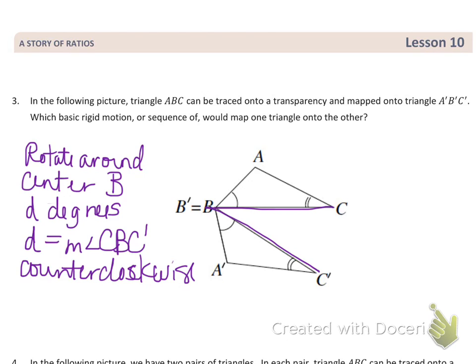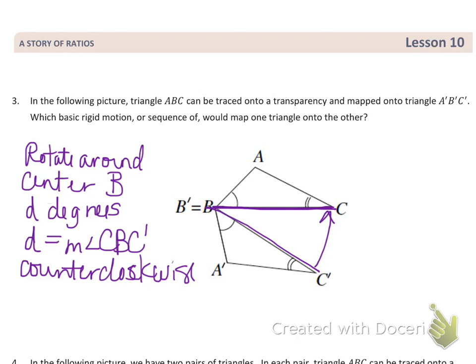Okay, so we need to rotate, and then you can see that I'm back to the situation of exercise 1, where I've got B, C, and B prime, C prime completely lined up because I've closed this gap.